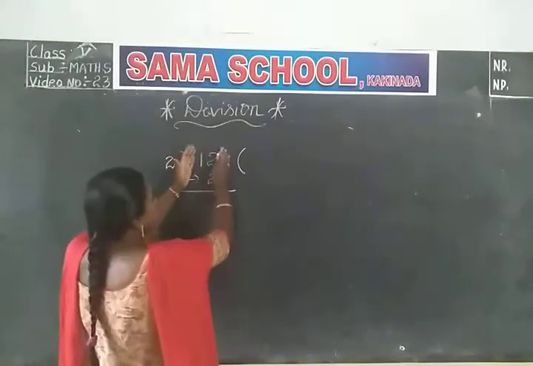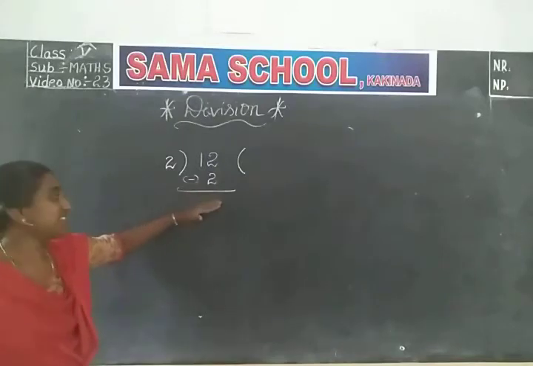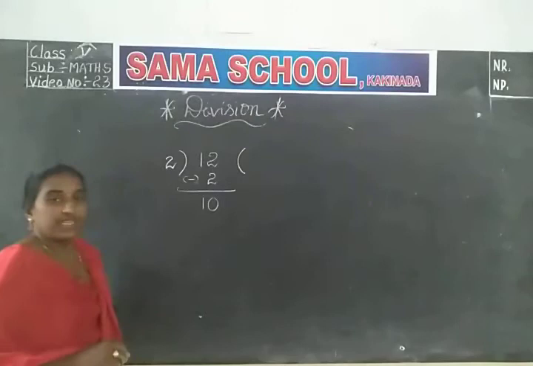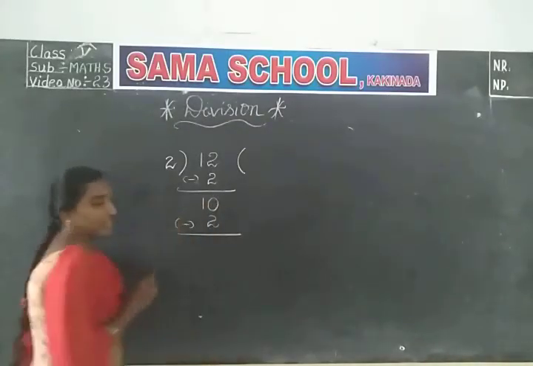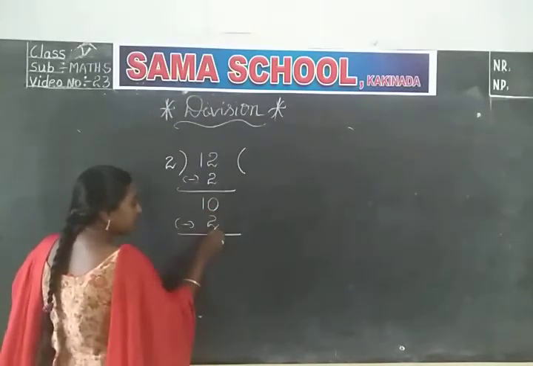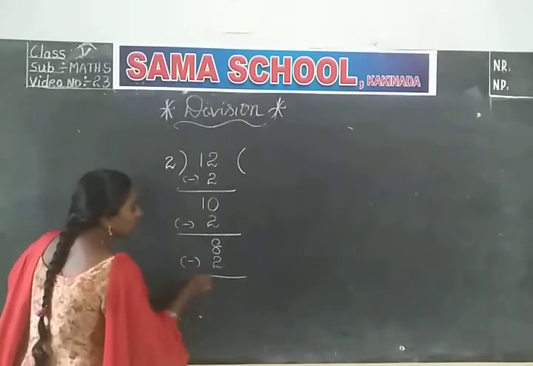So from 12 items you are taking away 2 items. Then still how many items will be left over? 10 items. Again you have taken 2 items from the 10 items. So what will be the remaining number here? Do you know subtraction? 10 minus 2, 8. Again you subtract the same 2.